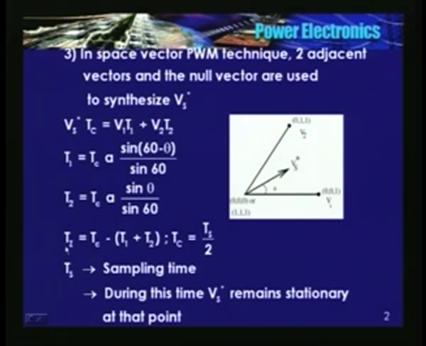See, Tz is the time for which the 0 vector is applied, which is Tc minus (T1 plus T2).